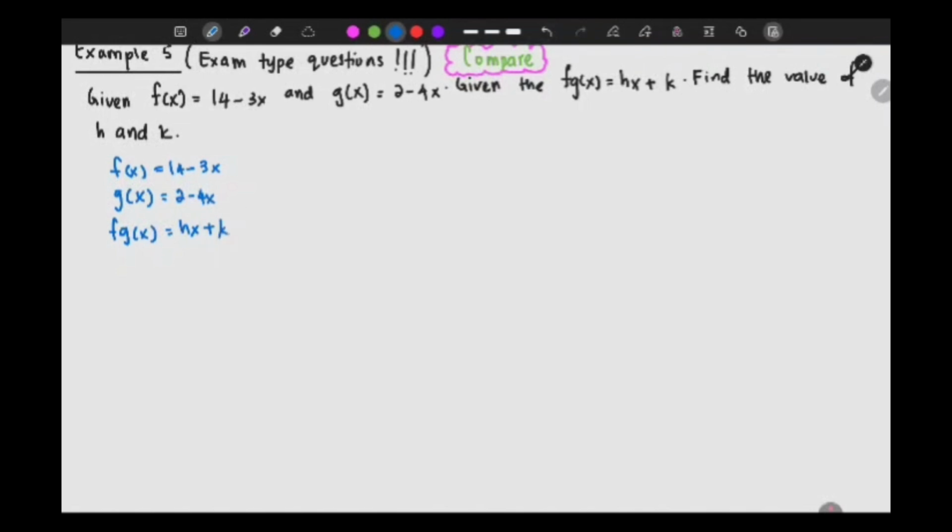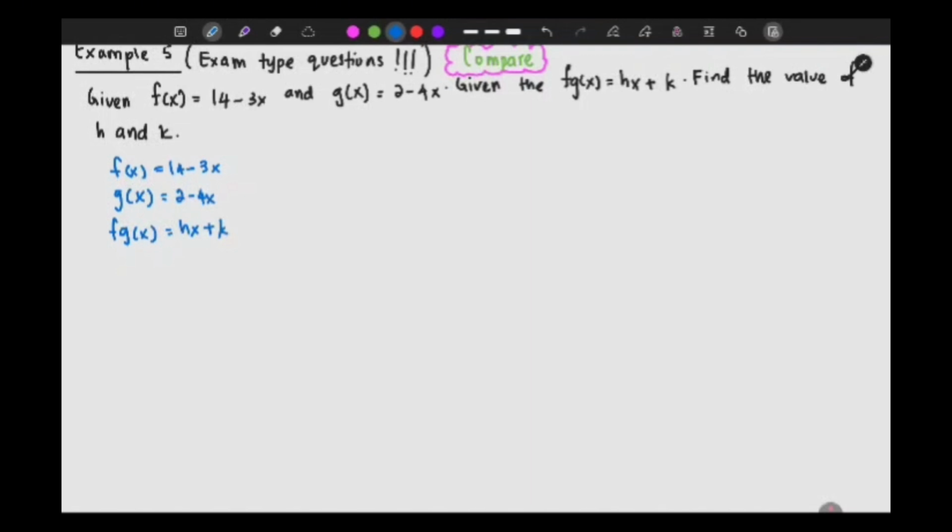How do you find it? So they give us our fx and gx completely, there's no issue with that. But if you look at our fgx, they give us something with unknowns there, but they give us two extra pieces of info, which are fx and gx, with no problem.